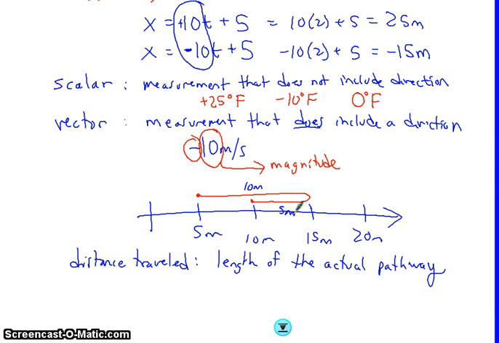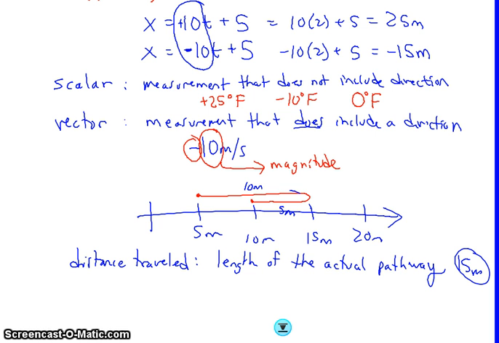So the length of the actual pathway that they took was 10 plus 5. The answer for distance traveled here would be 15 meters. But it would be really hard to say the direction of that because they curved around. I mean, they went this way part of the time and they went that way the other part of the time. So distance traveled is a scalar, and it's the length of the actual pathway.